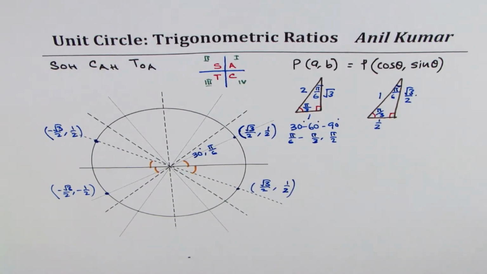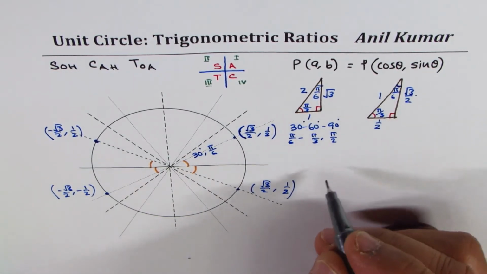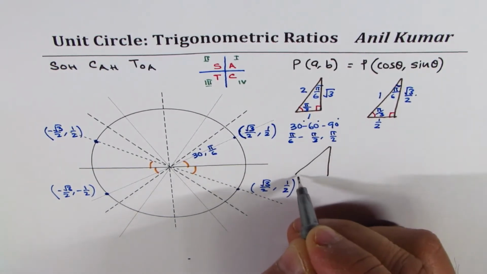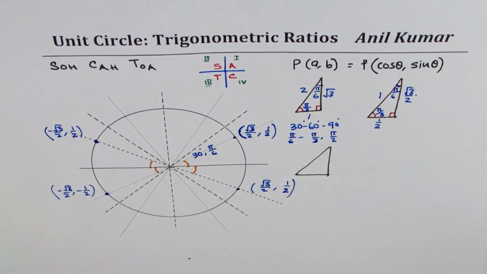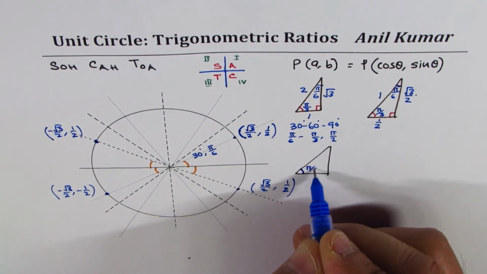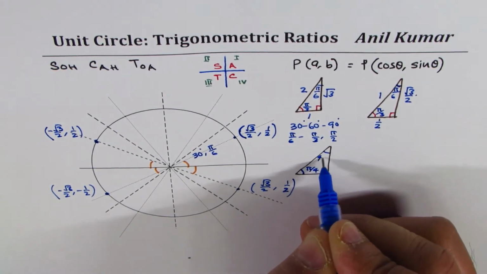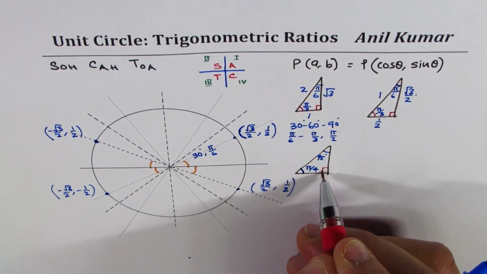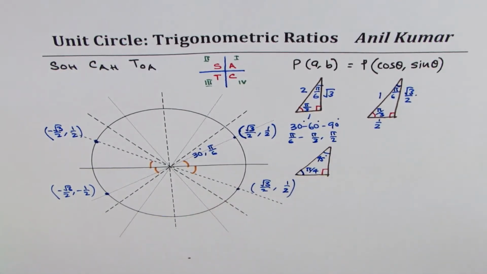Now let's look into the second triangle, which is pi by 4. Here we have the angle as pi by 4, or you could say 45 degrees. Either way, it is pi by 4 in radians, 45 degrees in degrees.